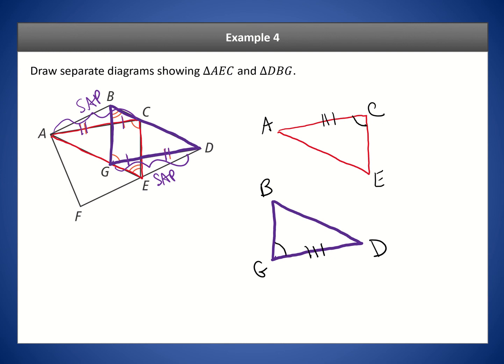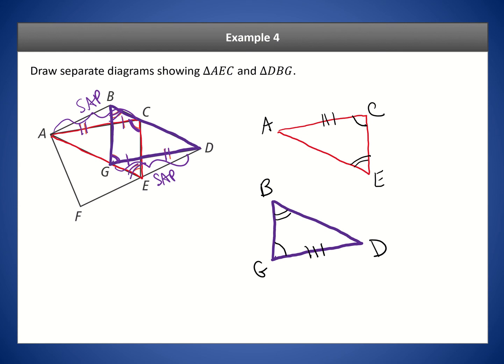And by the diagram, angle C is congruent to angle G, which is BGD. And then angle B is congruent to angle E in these separate triangles based off of the diagram.